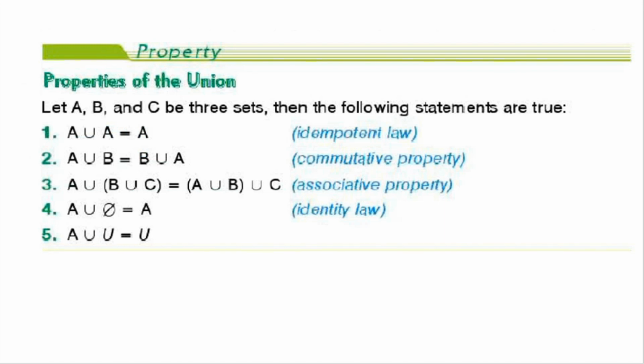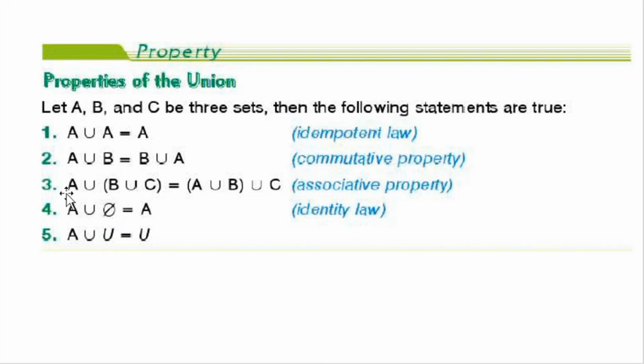Let A, B, and C be three sets. Then the following statements are true. Number one, A union A is equal to A. That is the idempotent law. Number two, A union B equals B union A. That is from the commutative property.